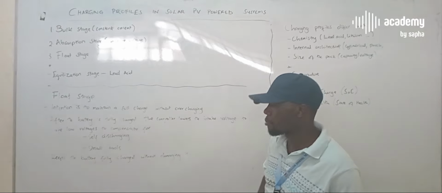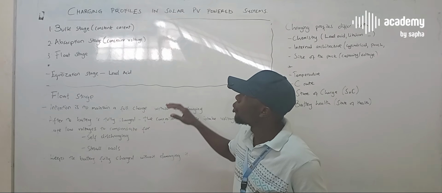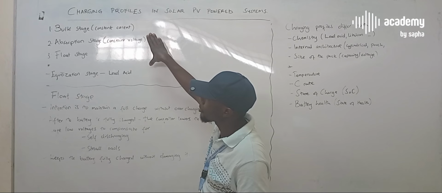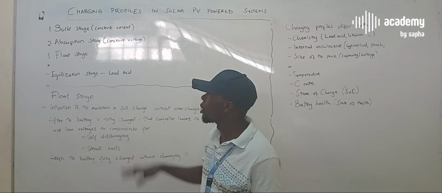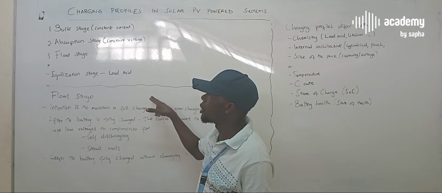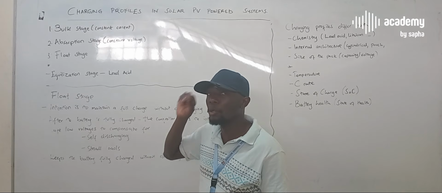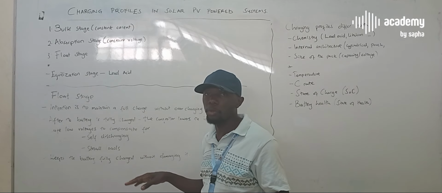So the essence of the float stage is that if, for example, the battery has reached 14.4 volts for a 12-volt system, and it's not yet evening, so there's still enough sunlight to keep sending voltage into the battery, the system will not cut off charging completely.